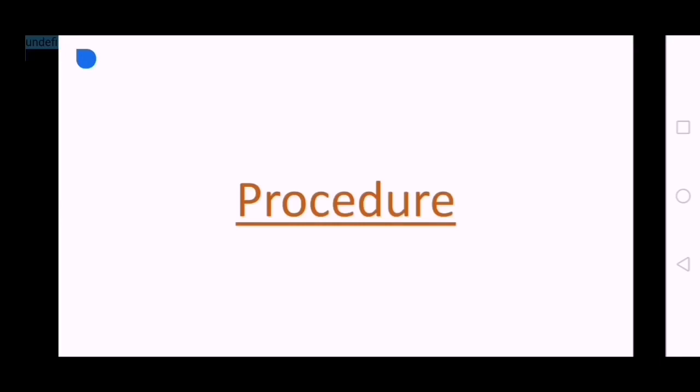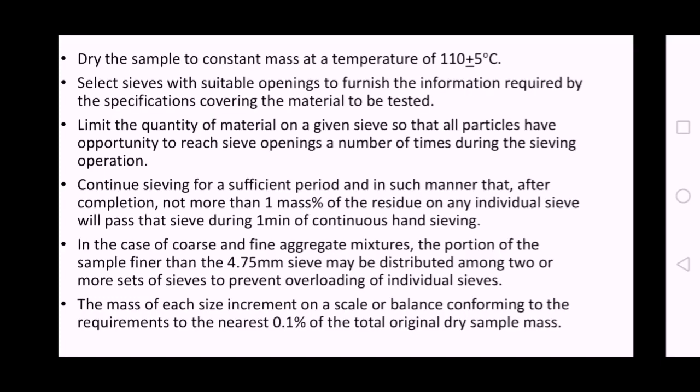So now what is the procedure? We will explain here. Dry the sample to constant mass at a temperature of 110 plus or minus 5 degrees centigrade. Select sieves with suitable openings to furnish the information required by the specification covering the material to be tested.